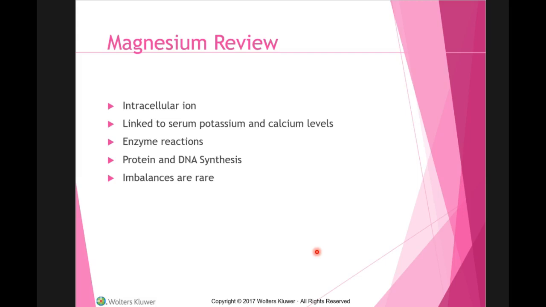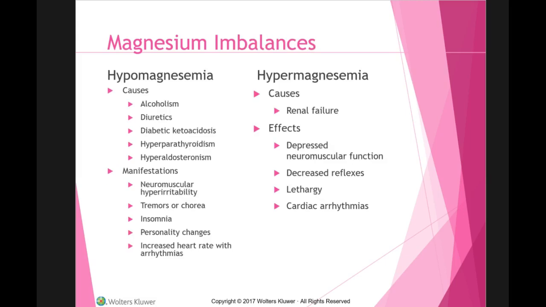So those are usually the only times that you see magnesium imbalances. More rare causes of magnesium imbalances, particularly hypomagnesemia, are alcoholism, diuretics, diabetic ketoacidosis, hyperparathyroidism, and hyperaldosteronism. The effects of hypomagnesemia include neuromuscular irritability.